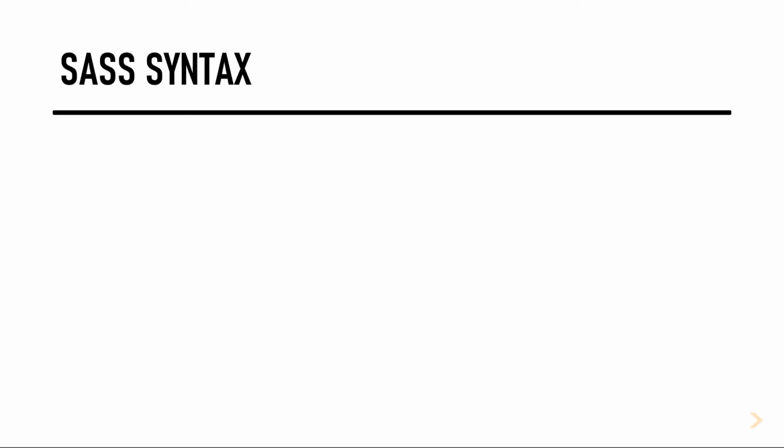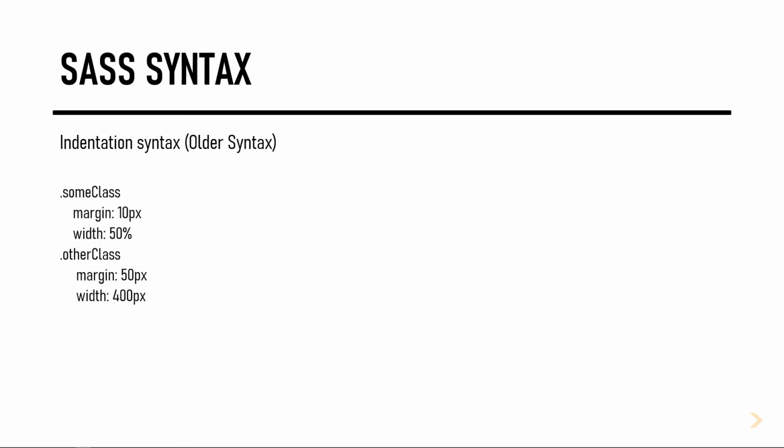Now let's look at the different syntaxes supported by Sass. Basically, the older version of Sass is called Indentation Syntax, where indentation is used in a block of code for every new line. So in the example, you can see that our style attributes are indented towards the right, and there is no semicolon to end our styling attributes.